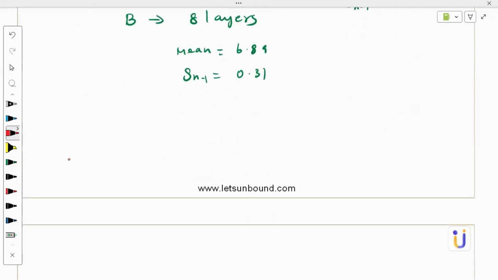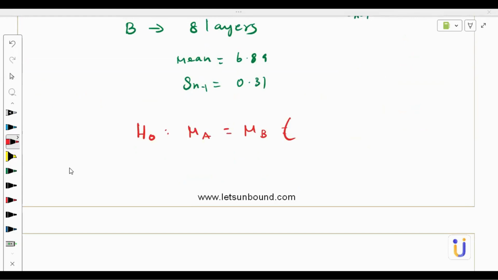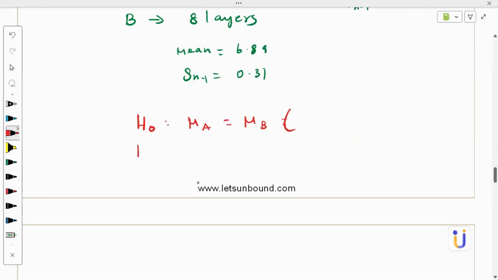What is the employee's claim? He claims thickness is different. So let the mean thickness from A and mean thickness from B be equal. That is the first one. Mean thickness is the same; this is the null hypothesis.